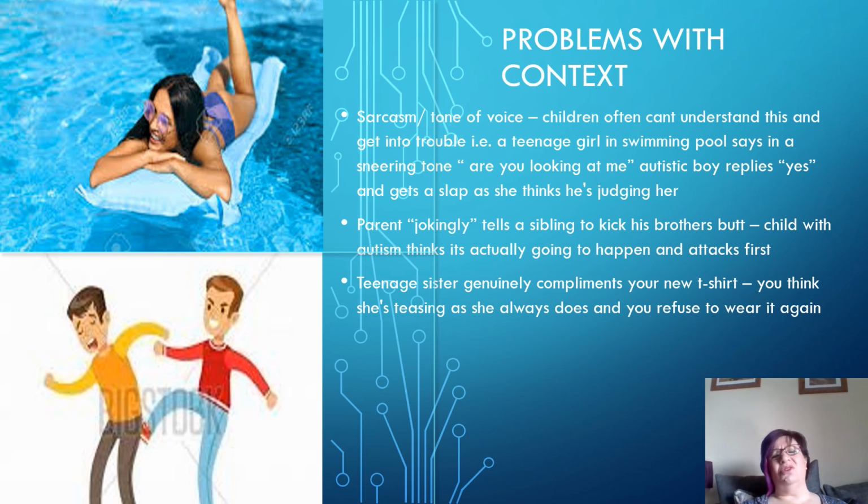I talk to kids all of the time who've got social situations wrong because they just can't read the context, they can't read the emotion, they can't read between the lines, and that essential coherence of getting the gist, reading between the lines, figuring out what somebody means is so difficult for kids with neurodevelopmental problems, and they end up in all sorts of tricky circumstances where they've just got it completely wrong.